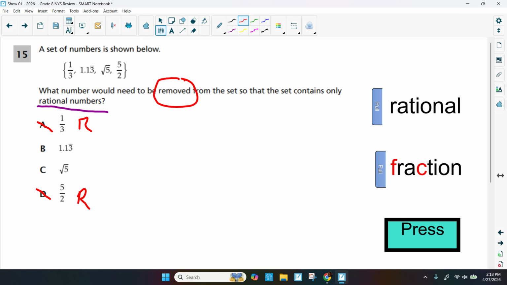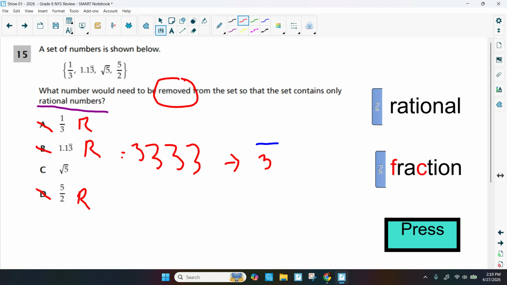B is a repeating decimal. What's repeating? Your 3 is repeating over and over and over. And the shortcut, we just put a line on top of that number that's repeating. So this would be a rational number as well. So I'm not going to choose that.